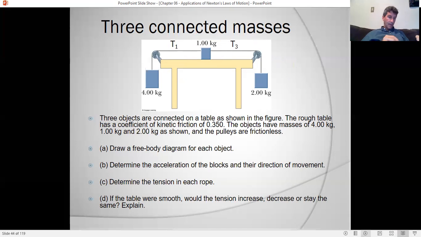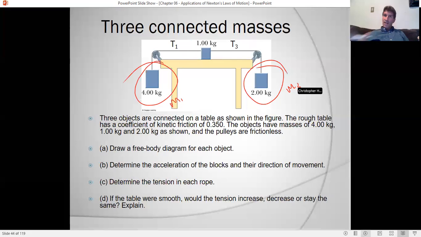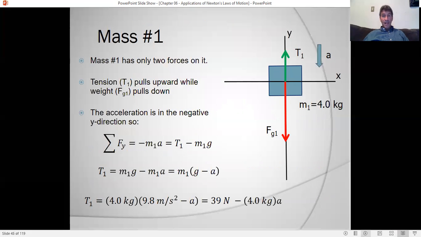Okay, this block and this block are easy. M1 and M3 are just like the M2 that we had, the Atwood's machine, the half Atwood's machine, the inclined plane pulley system. So we do them just the same. All right, here's our first equation.